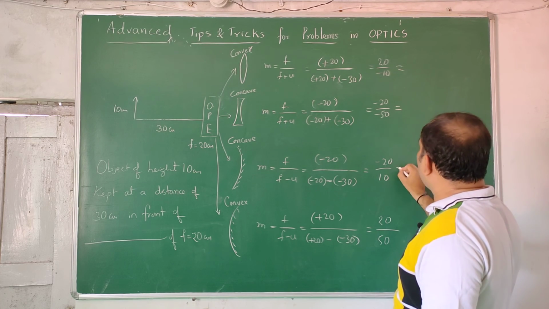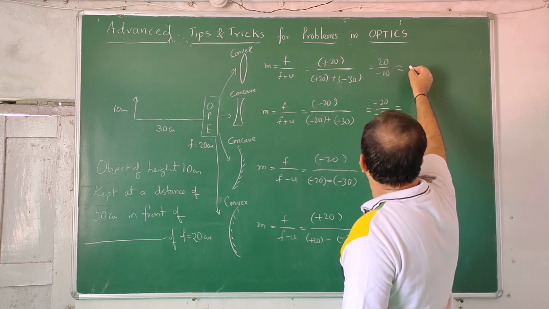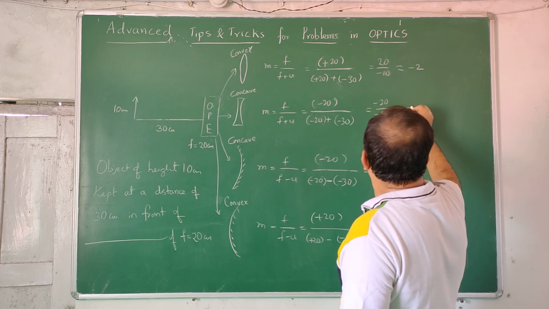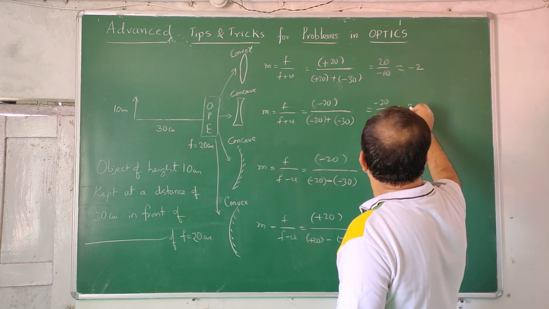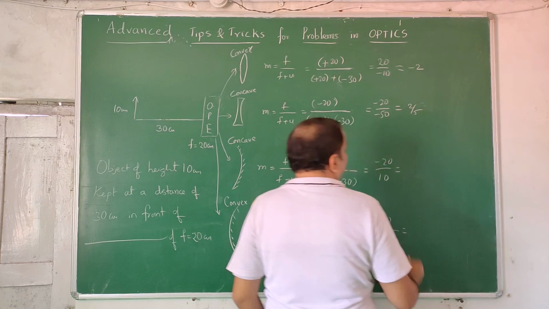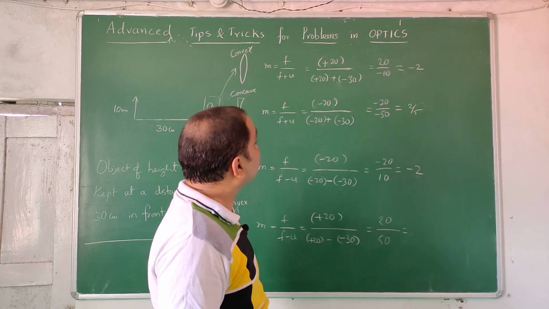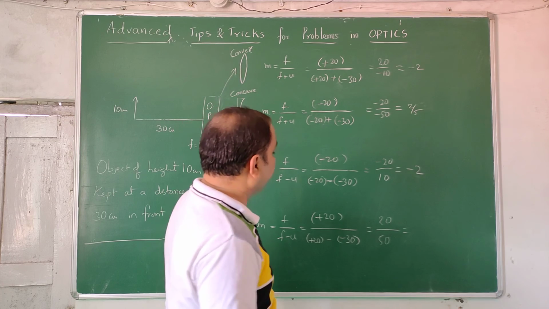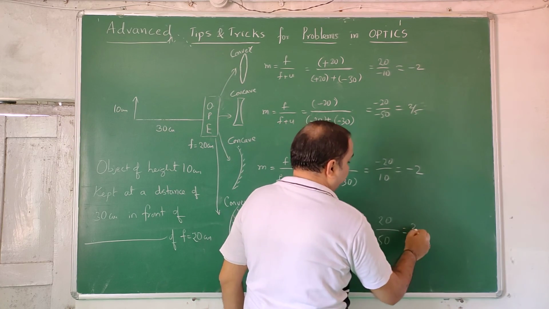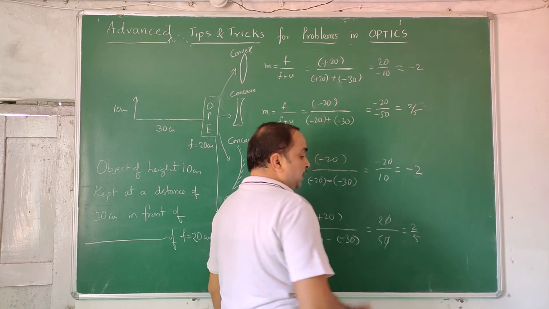So the answers are entirely different. Okay, this is minus 2, this is minus 2, this is 2 by 5, this is minus 2, isn't it? This is 2 by 5 again.